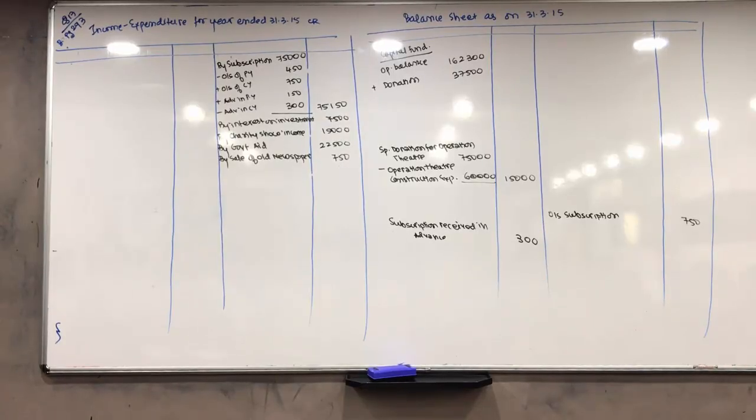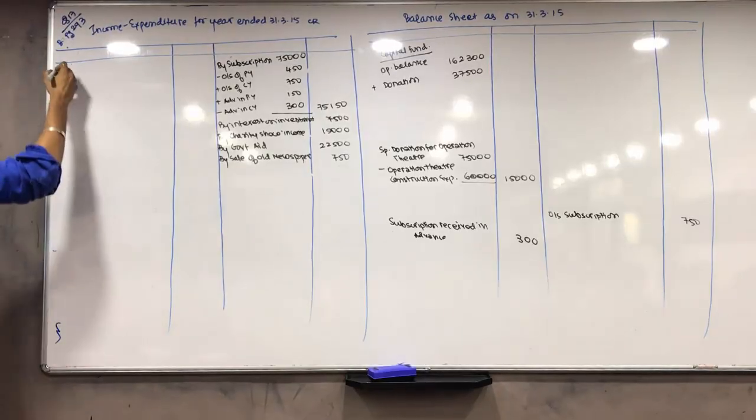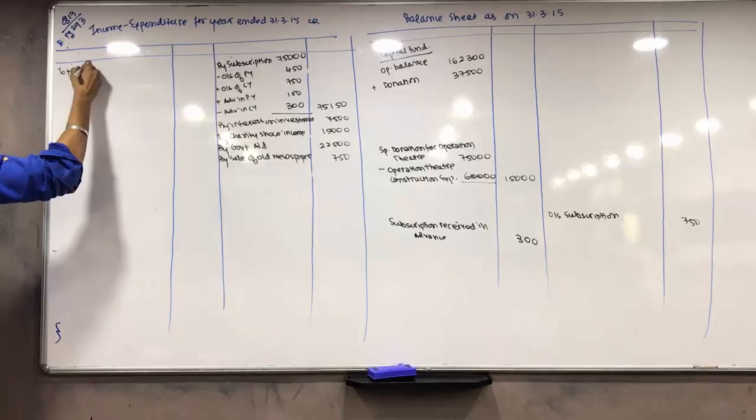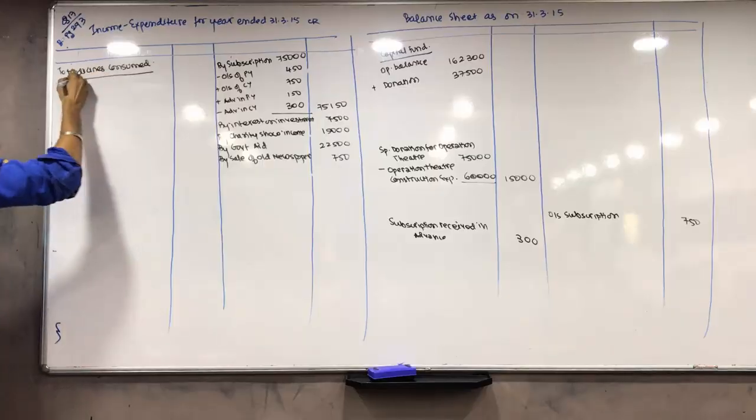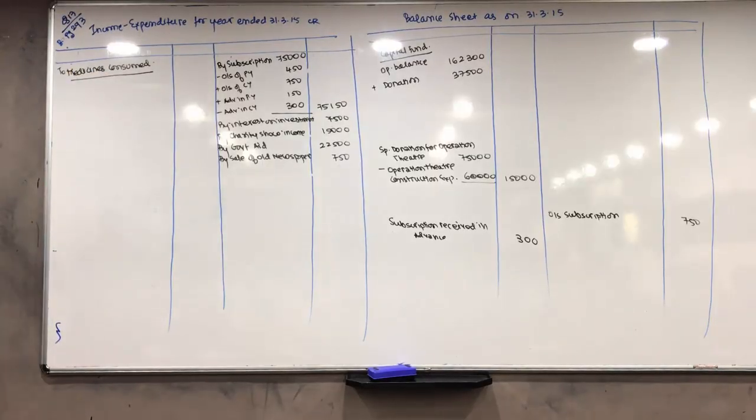What will we do for purchase of medicine? Now it's a hospital. The medicines they are not selling, but they are giving to their patients. So we have opening stock, closing stock, and medicines purchased. So we will have medicines consumed. That is, whatever medicine got used, that is our expense.